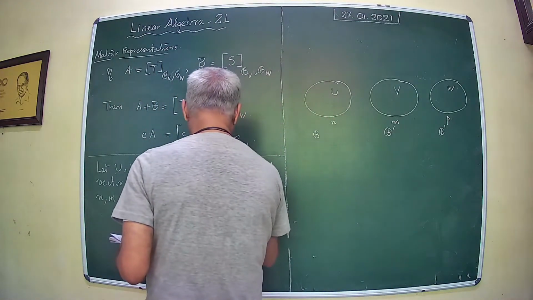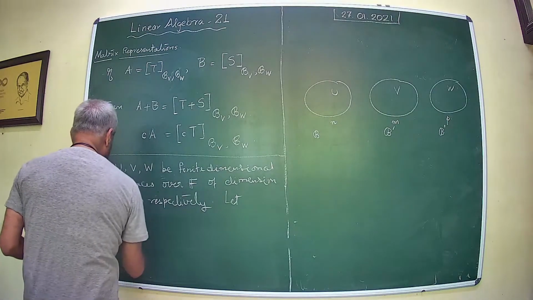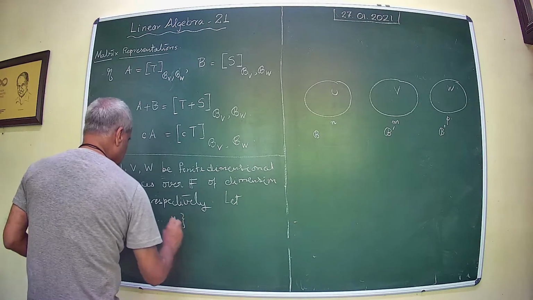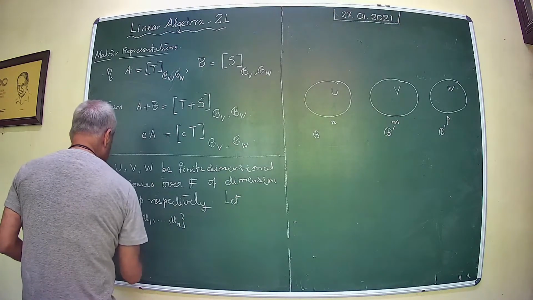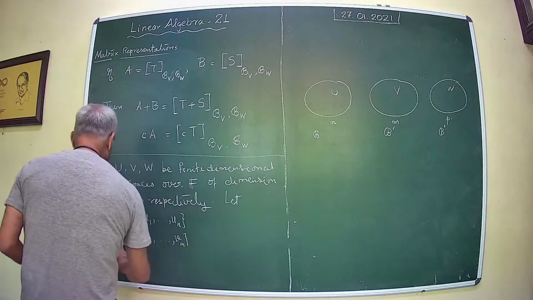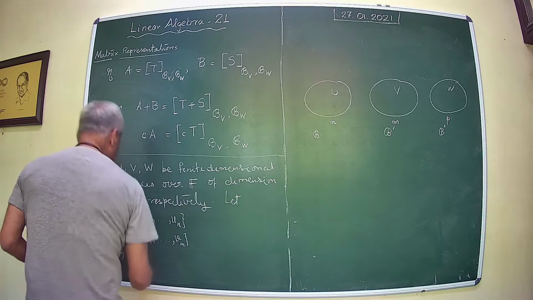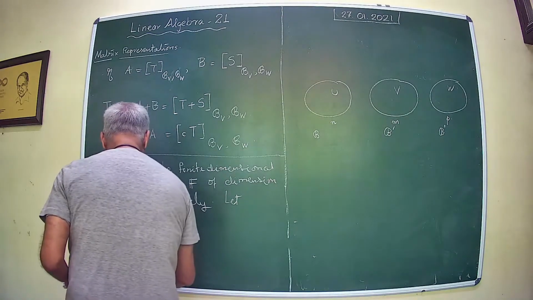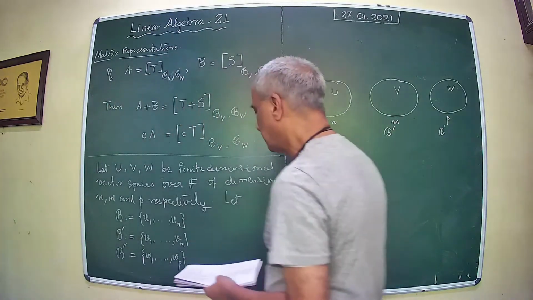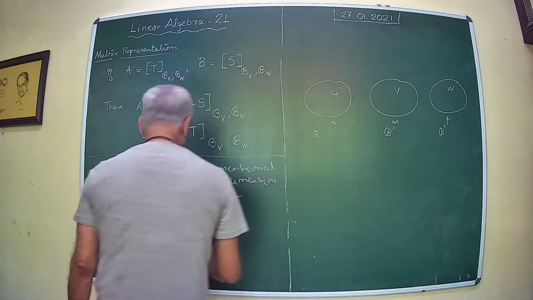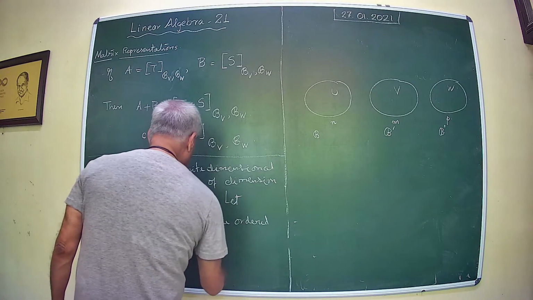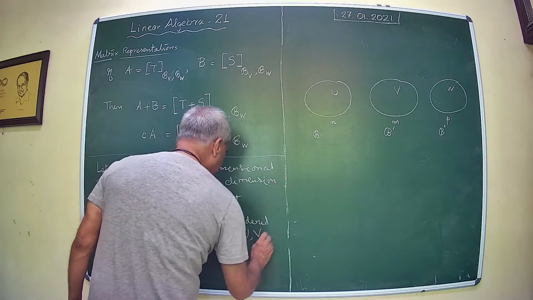So let B, B prime, B double prime be the ordered basis for U, V, W respectively.